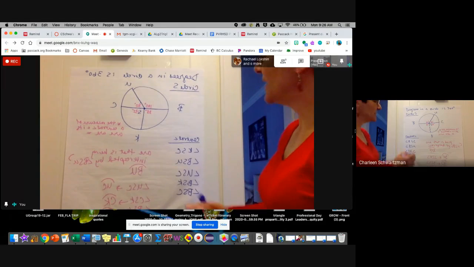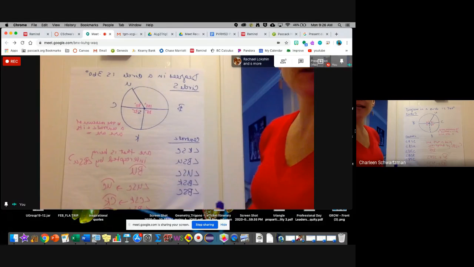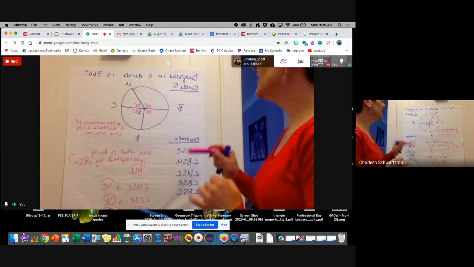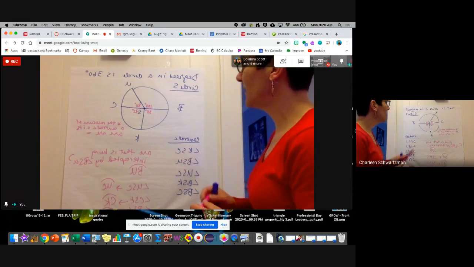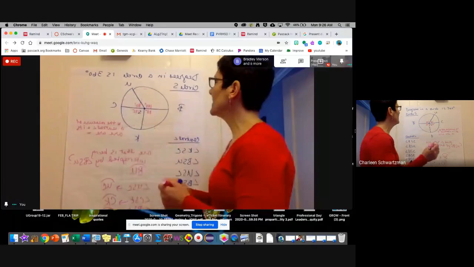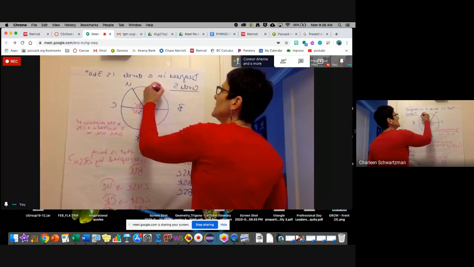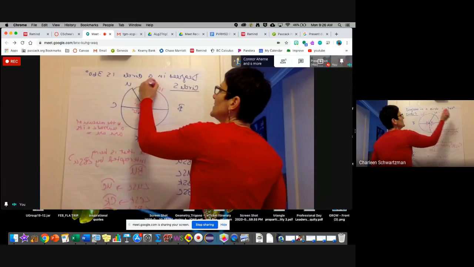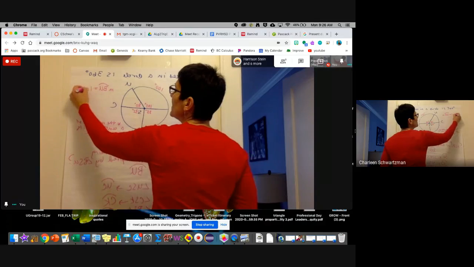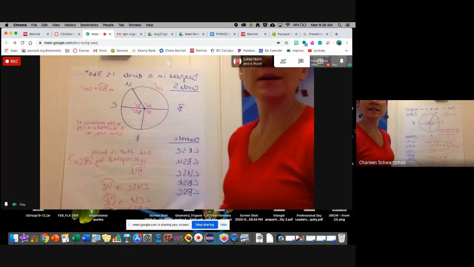Are you furiously writing down what I'm writing up here? So if angle BSU is 100 degrees, then the measure of arc BU is 100 degrees. We put the little M symbol like we do with our angles, and we say the measure of arc BU is 100 degrees. Can you all see that?